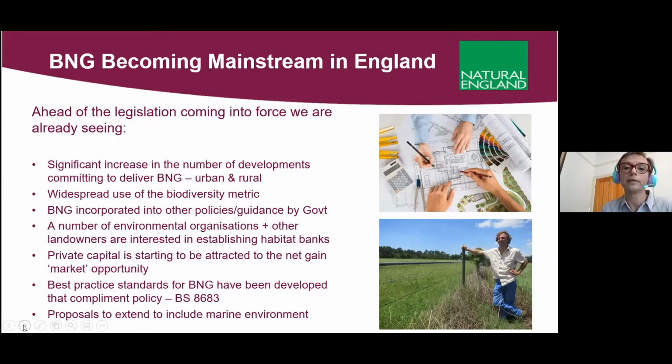You'll hear a bit more about that when hearing about Greater Manchester. More and more developments are now committing themselves to biodiversity net gain, and that's both in urban areas and in rural areas. The metric is now in widespread use, and there's interest in it across the UK and also outside. We are seeing biodiversity net gain incorporated into more and more policies and guidance from government.